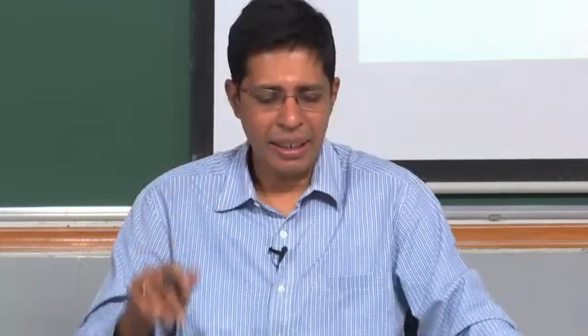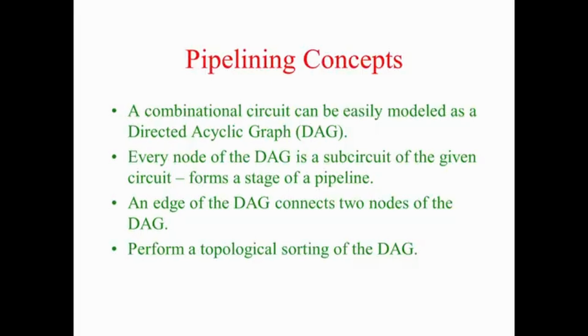Okay. Now let us do this simple thing of how to convert a combinational circuit into a pipeline circuit. Any combinational circuit is basically a directed acyclic graph. What do you mean by a directed acyclic graph? It is a directed graph in the sense that every edge has a direction, right.